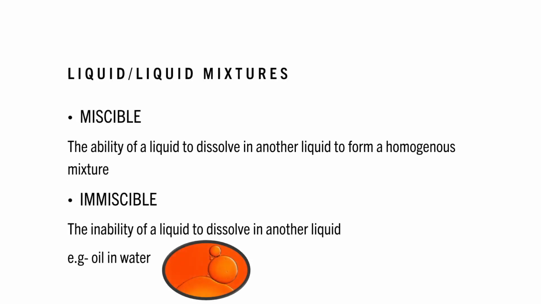Liquid mixtures. So liquid mixtures will use the terms miscible and immiscible. What does miscible mean? This is when a liquid is able to dissolve in another liquid to form a homogeneous mixture. Immiscible though, meaning it does not want to mix, is when the liquid doesn't really dissolve in another liquid.